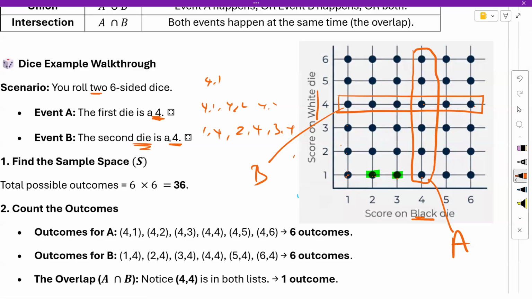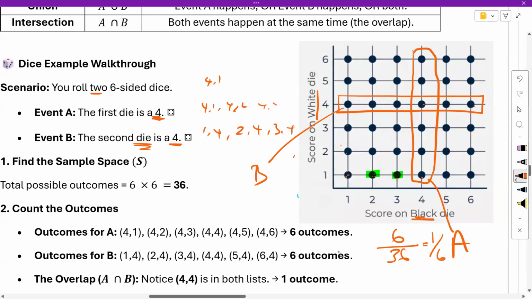So A or B, the probability of A union B. The probability of A is what? 6 outcomes out of a total of 36. What's the probability? 1 over 6.